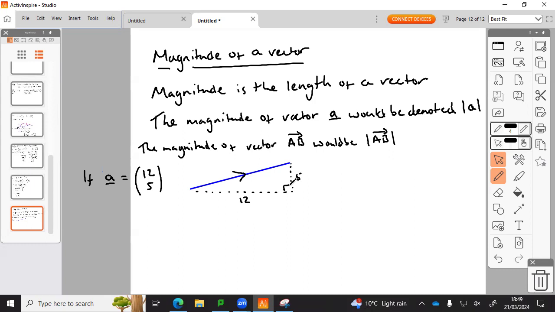So finding out the magnitude. Find the magnitude. You use the formula as Pythagoras.